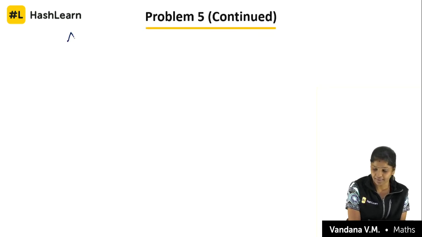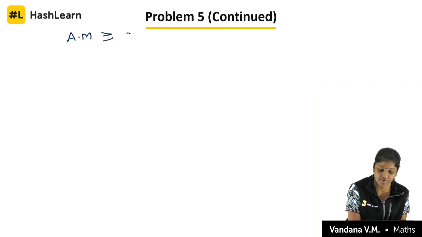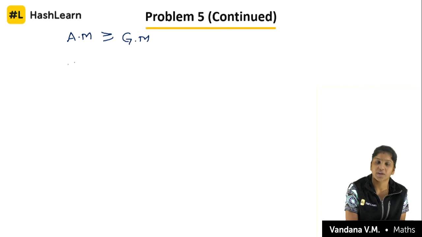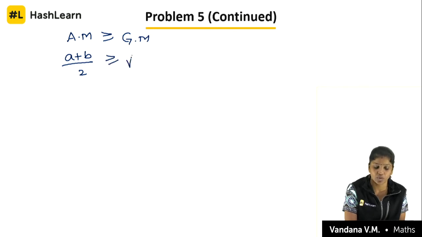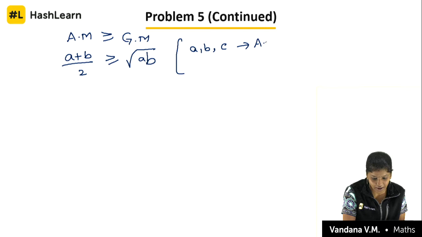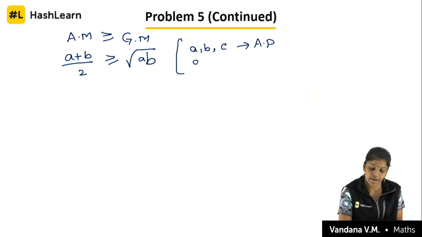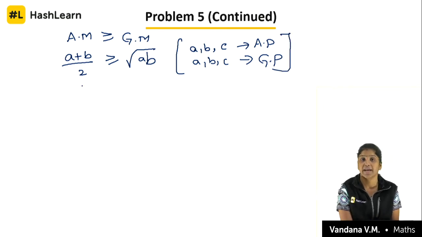Okay. Now we know that the arithmetic mean is greater than or equal to the geometric mean. So what is the arithmetic mean? a plus b by 2 is the arithmetic mean, is greater than or equal to root a into b, the geometric mean. But here x, y, z are in the AP.